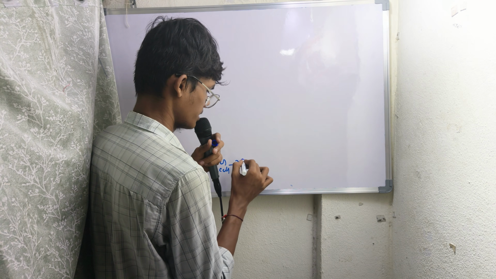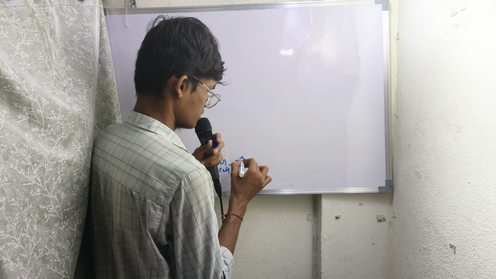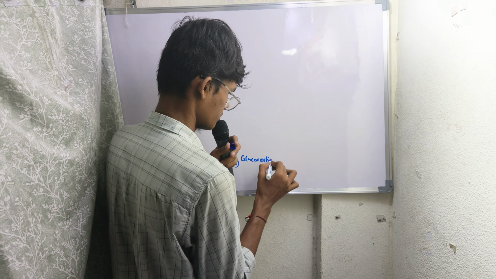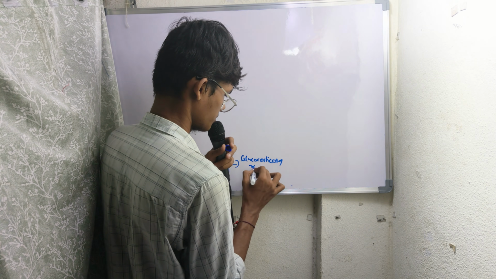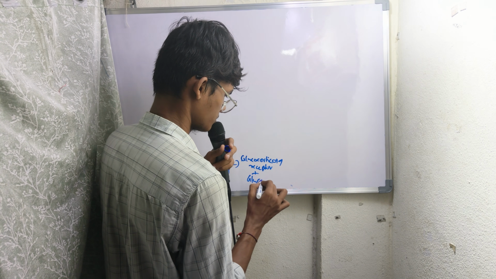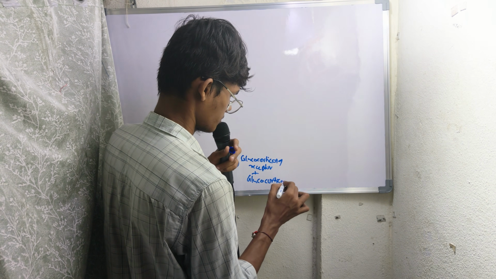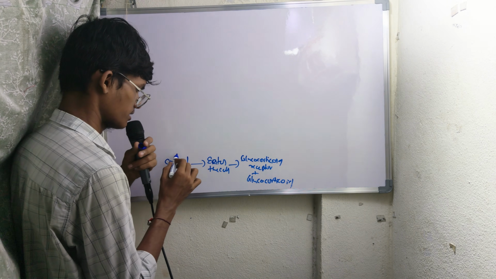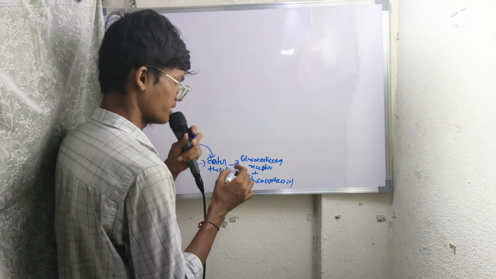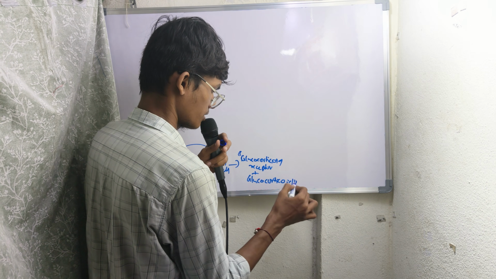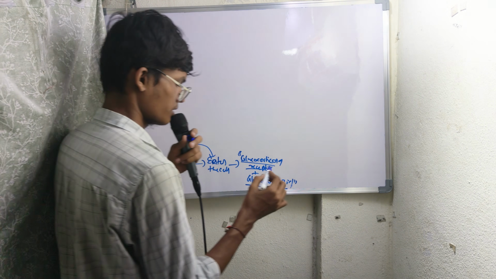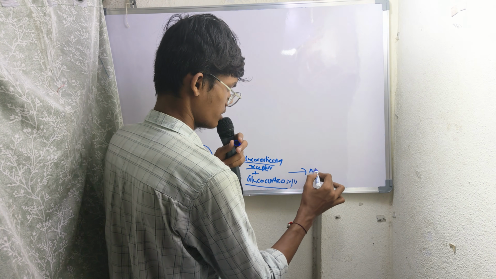In the cytoplasm it binds with the glucocorticoid receptor. The drug enters through the cell membrane as it is soluble, and then forms a complex, glucocorticoid receptor plus glucocorticoid. Then it enters the nucleus.